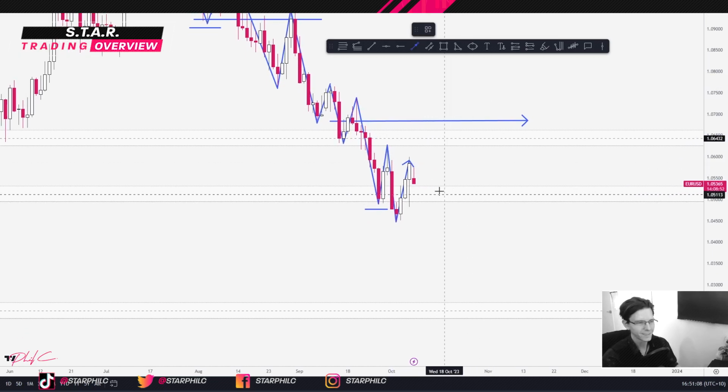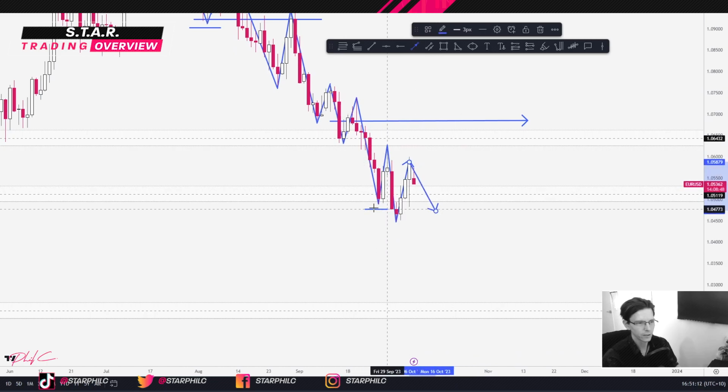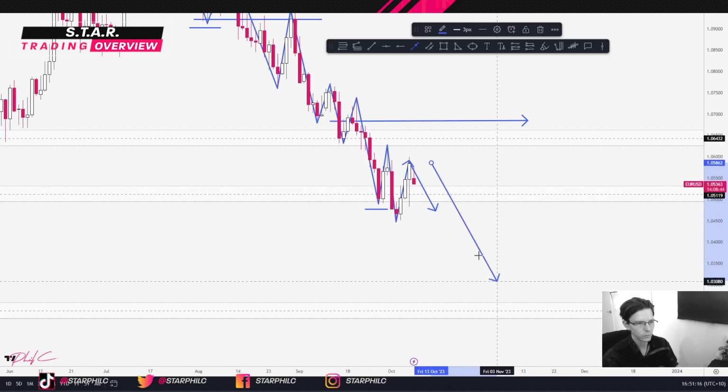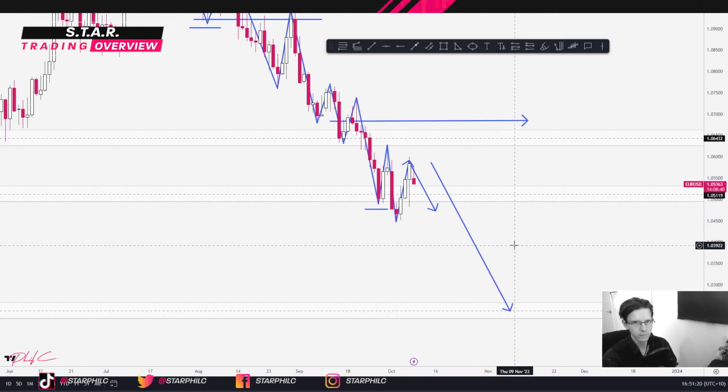But if we get a move towards the downside, then we will hit target on our trend trade. We'll take off half of the position and then we'll roll stops to break even and look for that continued move towards the downside. So it doesn't matter what happens from here, because on our strategies, we're half right with a positive risk to reward profile.